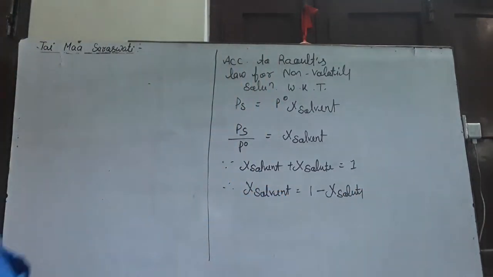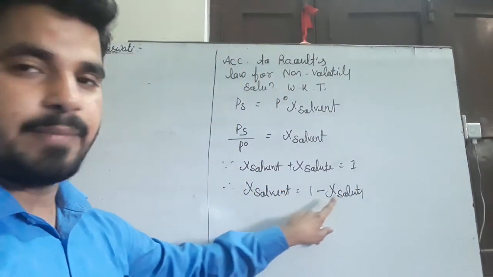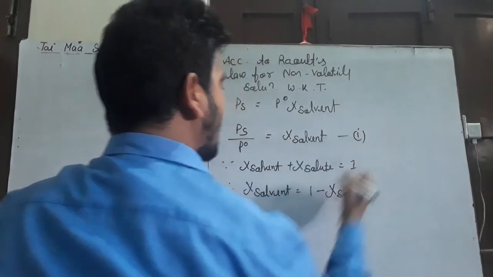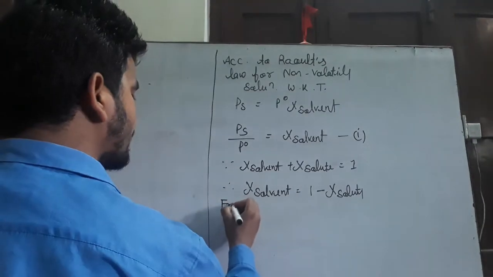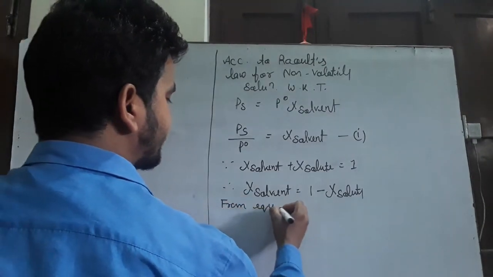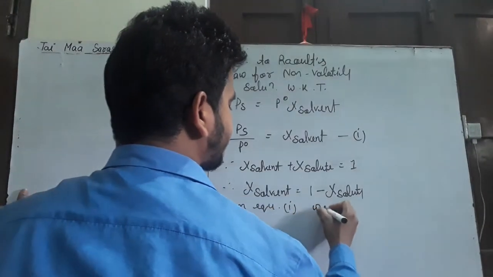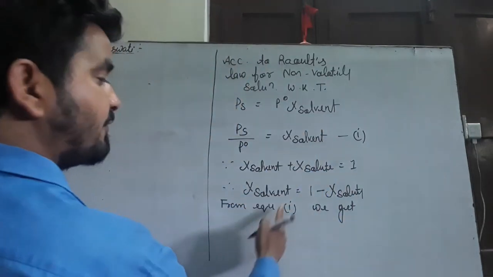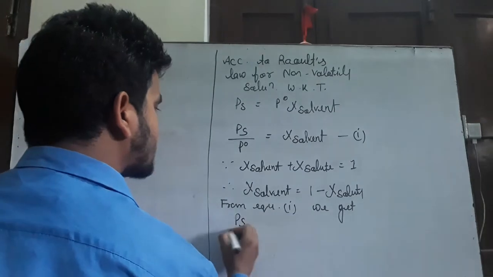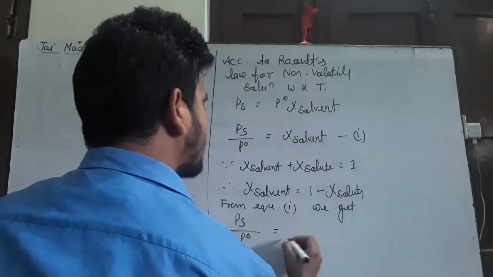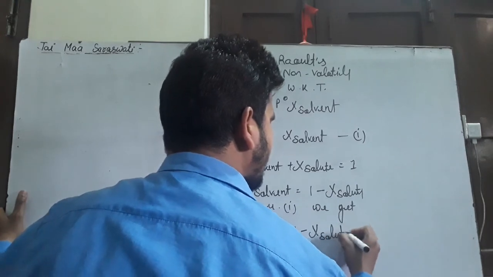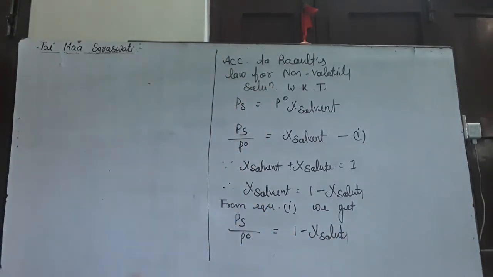Let this be equation number 1. After putting from equation first, what happened, beta? PS upon P naught is equal to 1 minus xi solute.